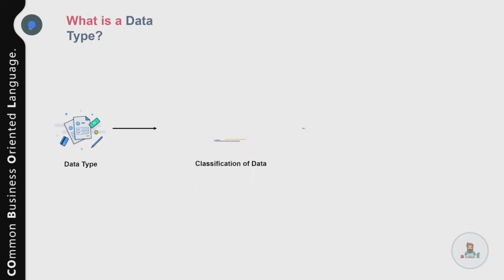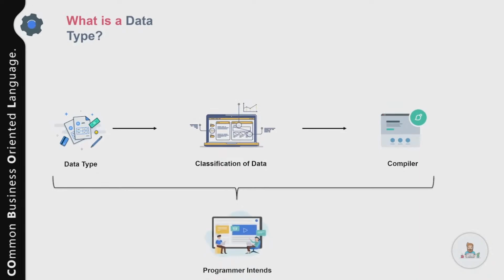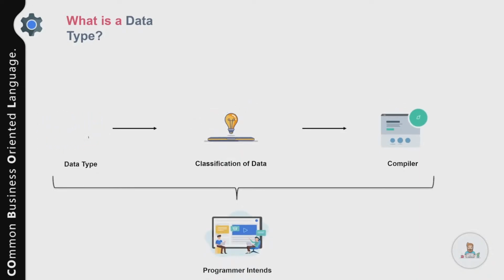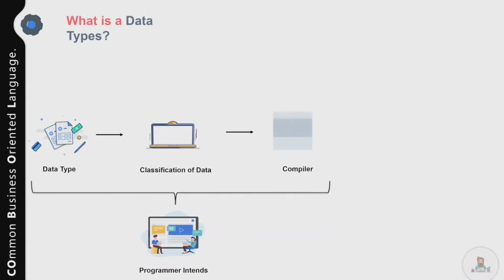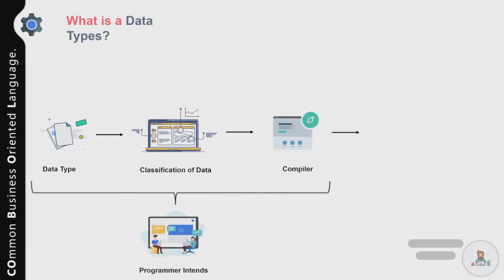Now let's talk about the data types in COBOL. Before we deep dive into the classification, let's talk about the term data type. In layman's terms, a data type is a classification of data which tells the compiler how the programmer intends to use the data. Understanding data types ensures the data is collected and stored in a preferred format.